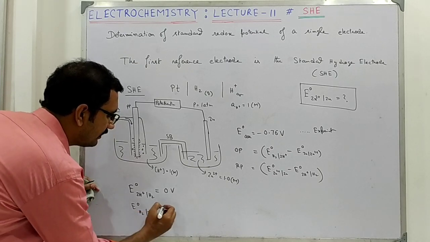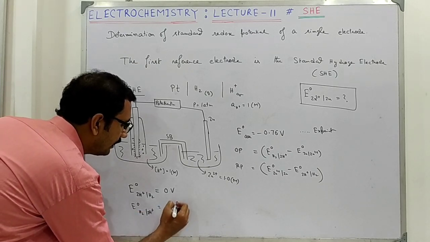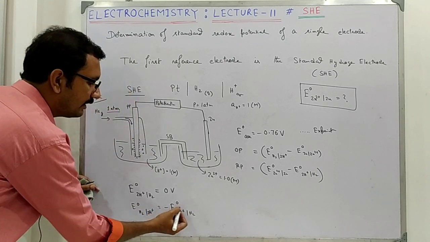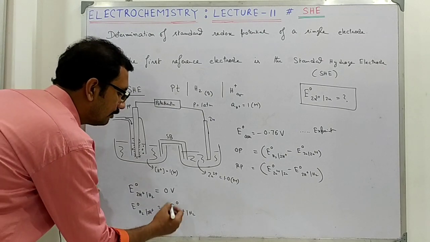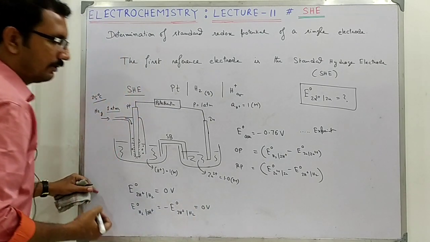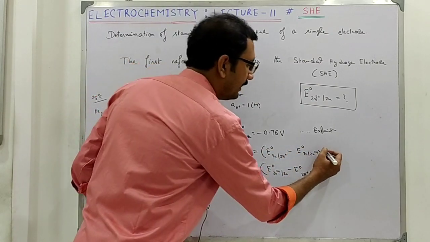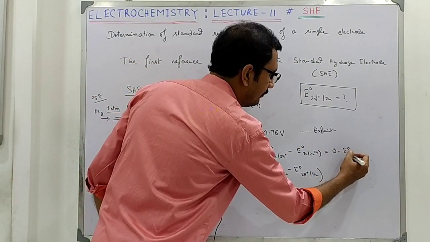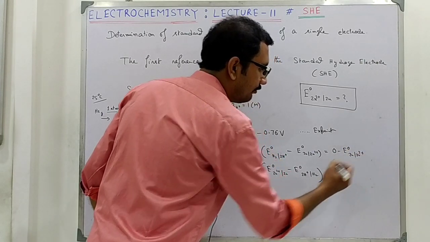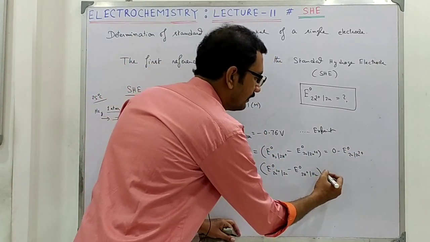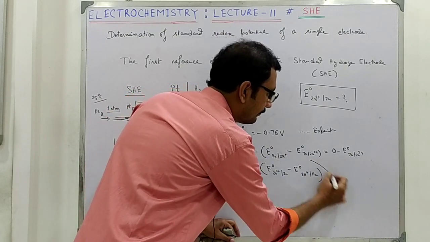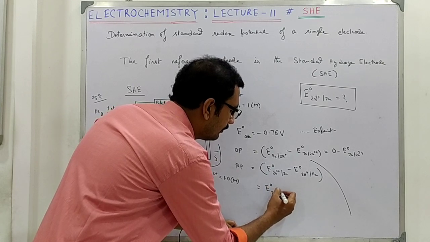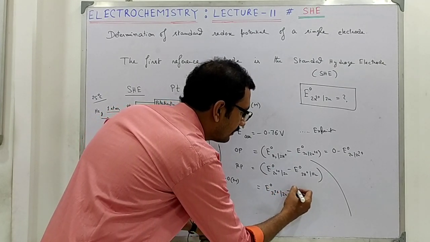You see, the oxidation potential is actually related to the reduction potential by this relation, E ox equal to minus E red. So you put the value, so it will also be 0 volt. Now if we put here the values, it will be 0 minus E0 Zn2 plus, and here it will be E0 Zn2 plus Zn minus 0 volt.